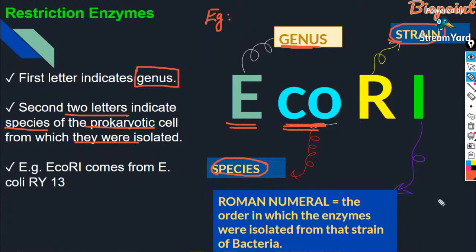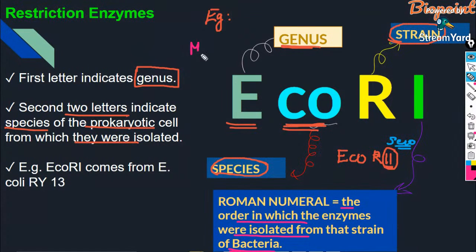There is a restriction enzyme named EcoR2, termed 2 because it was discovered second. So it indicates the order in which the enzymes were isolated from the strain of bacteria.